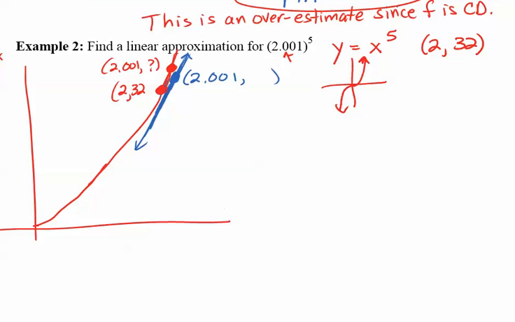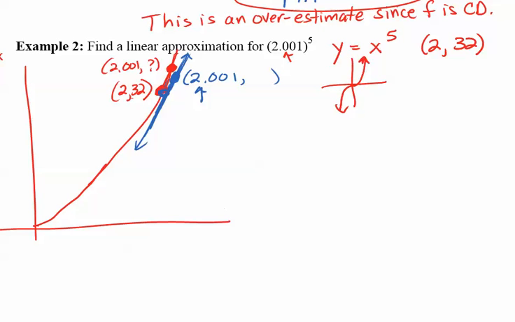So the point here is that we know (2, 32) lies on our function, but we don't know the y-coordinate at 2.001. But if I find the equation of the blue tangent line, then it's not so bad to put 2.001 into the tangent.